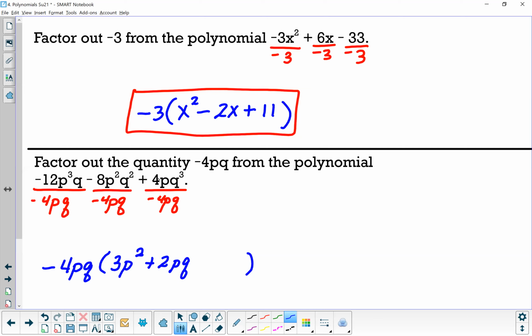Next, +4 divided by -4, that's a -1. I'm going to just put minus for now. All right, p divided by p is 1. q to the third power divided by q to the first power, subtract your exponents, so that is q². Voila.